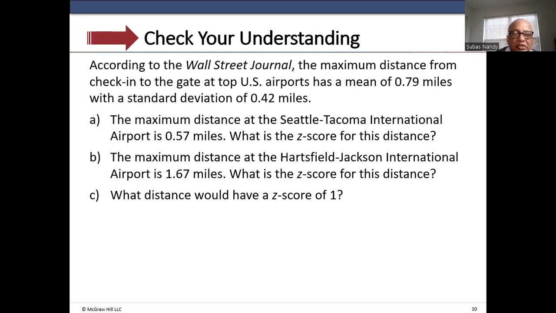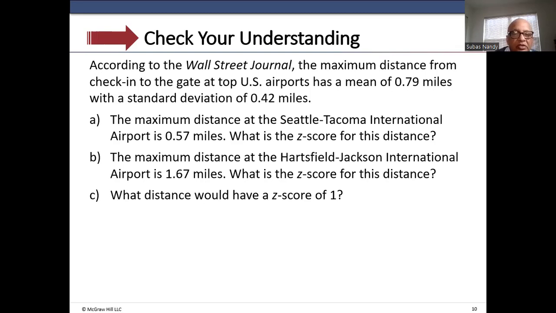The maximum distance at Hartsfield-Jackson International Airport is 1.67. So 1.67 minus the mean of 0.79, take that difference and divide it by the standard deviation of 0.42. So it is a Z-score of 2.095.